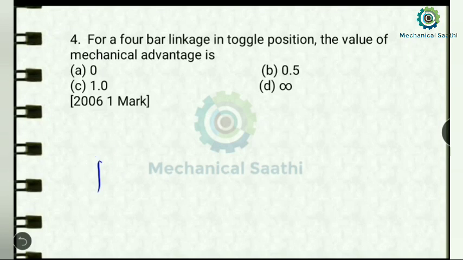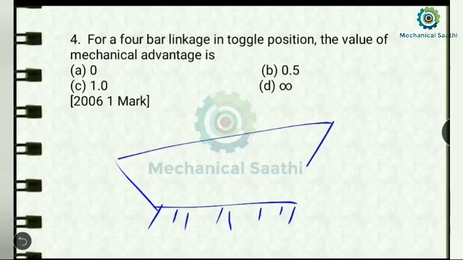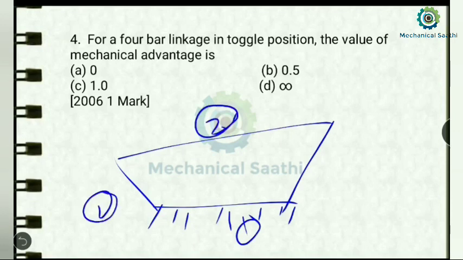So in a 4-bar mechanism, let me draw a 4-bar mechanism, and these are the links. This is link number 1, this is link number 2, this is link number 3, and this is link number 4.